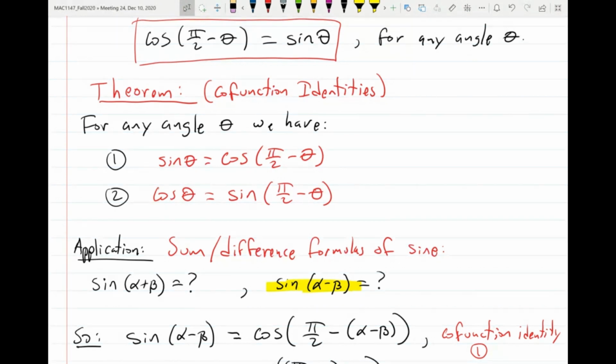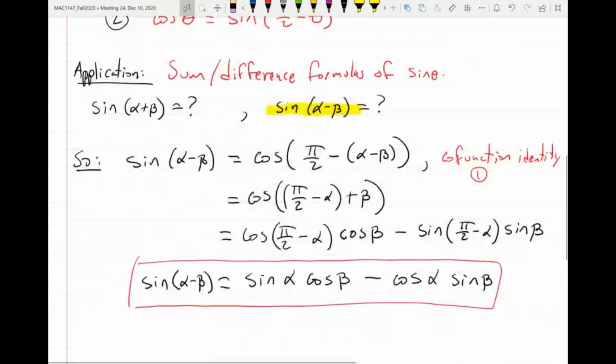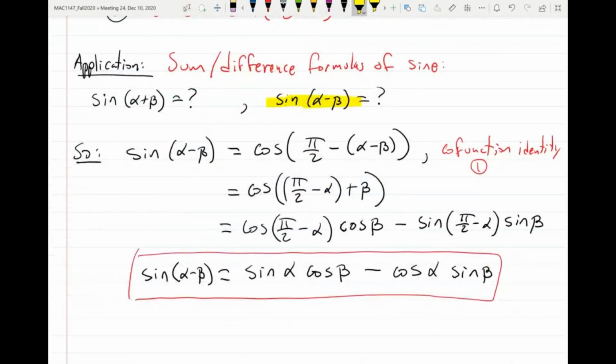Do you see that? Identity number 2. That's what happened here. So this guy became cosine of alpha, because that's sine of pi over 2 minus alpha, so that's just cosine of alpha. And similarly, if you have cosine of pi over 2 minus alpha, that becomes sine of alpha.